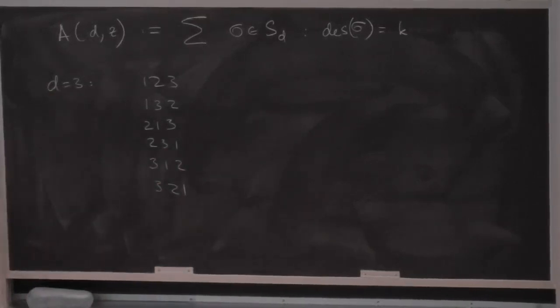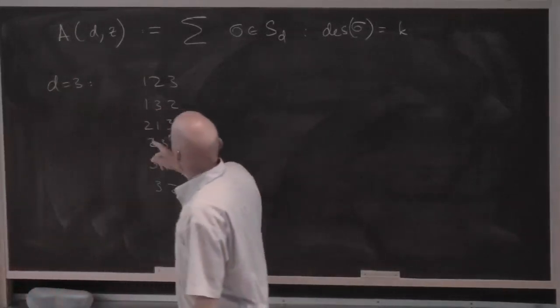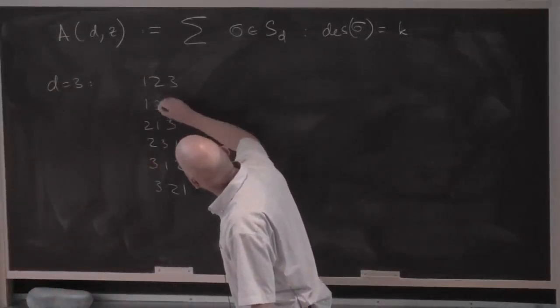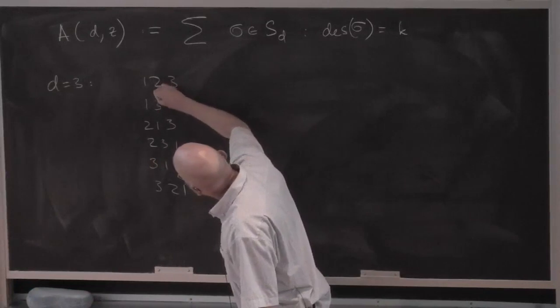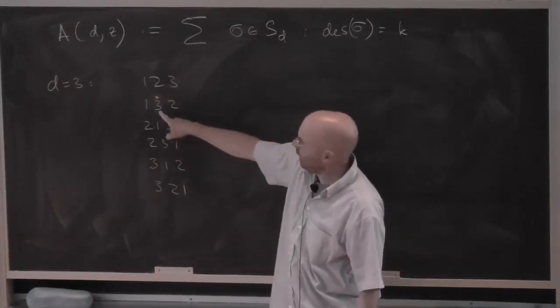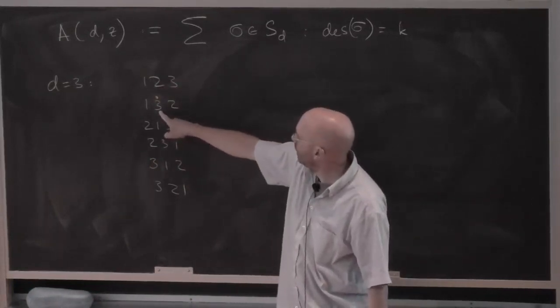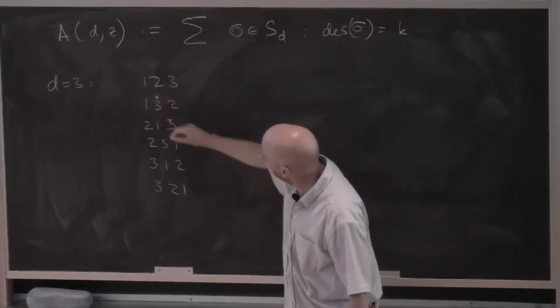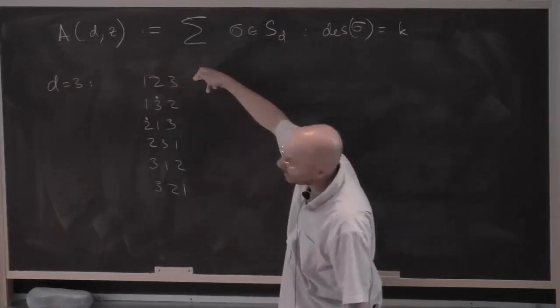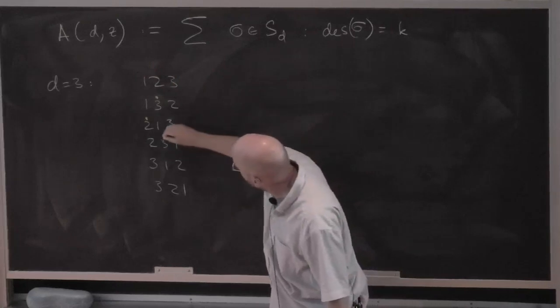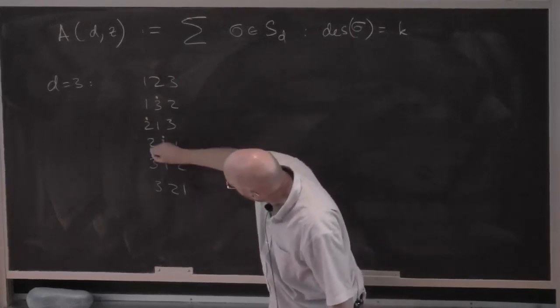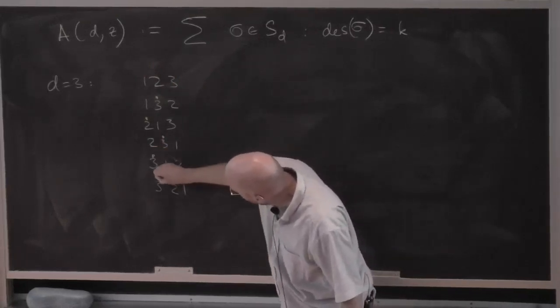A descent is where the numbers go down. The second index over here is a descent, because this is where my numbers go down. I have a descent over here. I have no descent in the identity permutation. I have a descent over here, I have a descent over here, and I guess I have two descents over here.